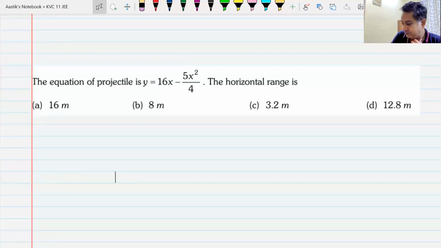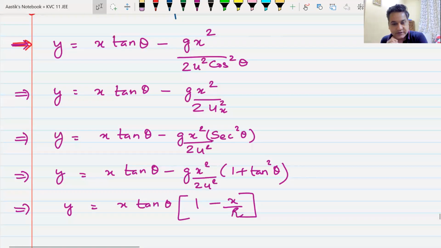I have given you 4 or 5 different variations of the same equation, and I want you to be accustomed with all these variations of the question. So since the time of the class is over, I'll give you this question as homework so that you can try it at home and get accustomed to this question.